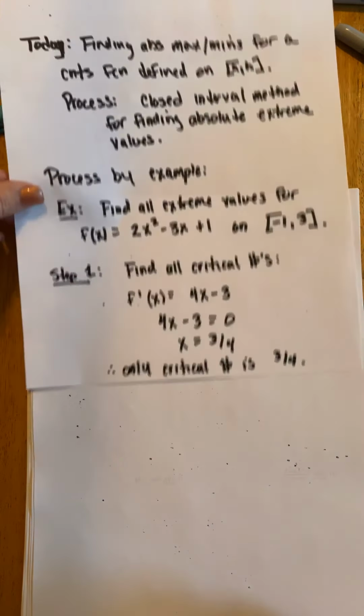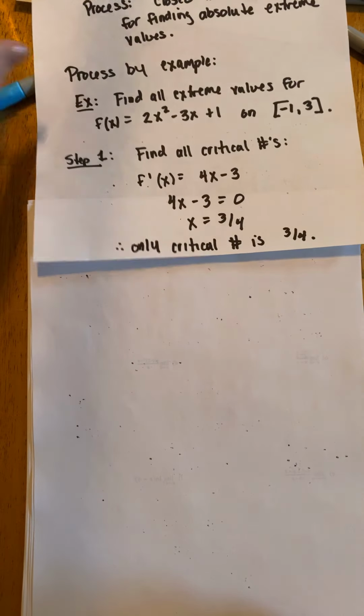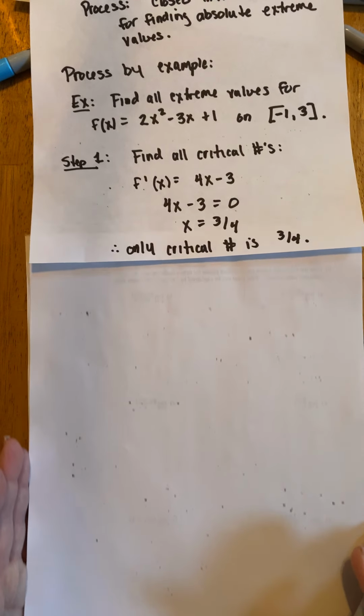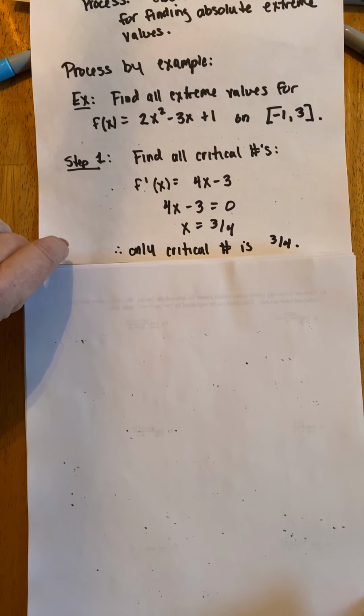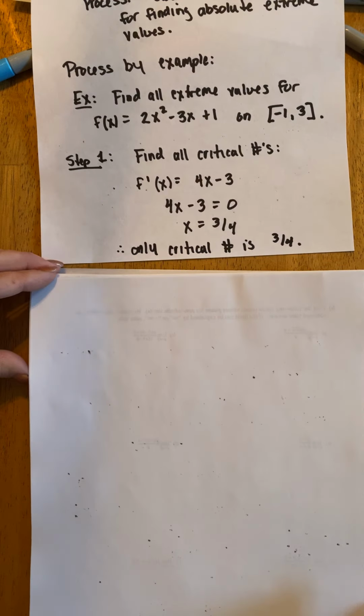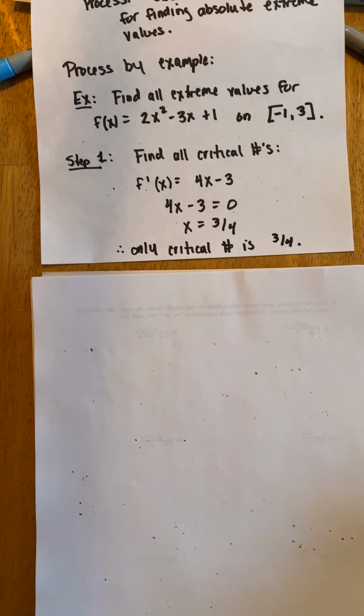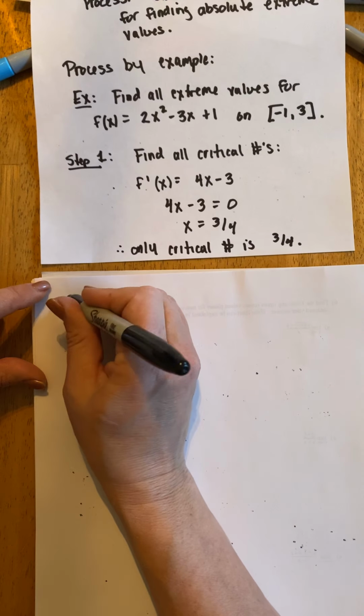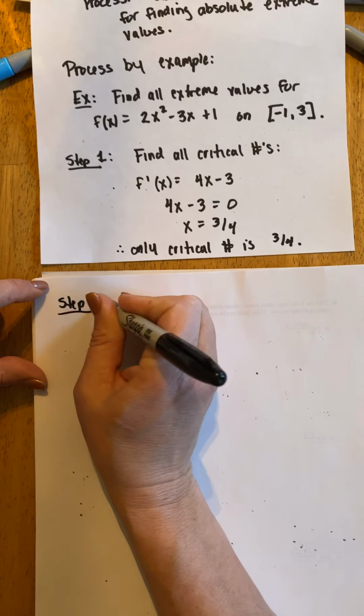So step 2, now remember, extreme values happen at either critical numbers or endpoints. So we have to check both endpoints and all critical numbers, in this case, just one. So we literally just make a table of values.